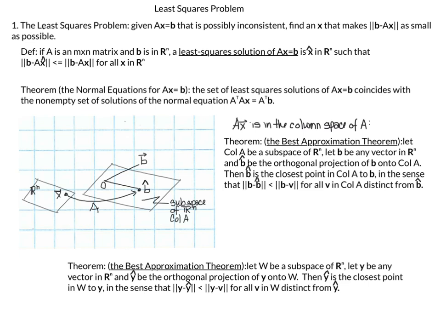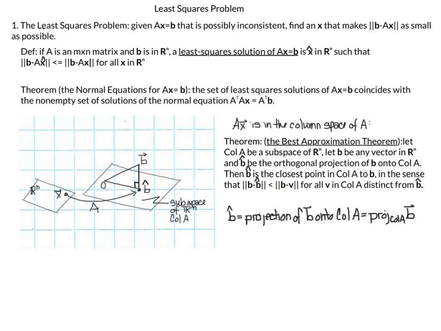So now I'm going to say by my best approximation theorem, if the column space of A is a subspace of Rn, and b is a vector in Rn over here, and b hat is the orthogonal projection of b onto the column space of A, then b hat is the closest point in the column space of A to b, in the sense that it's the smallest distance.